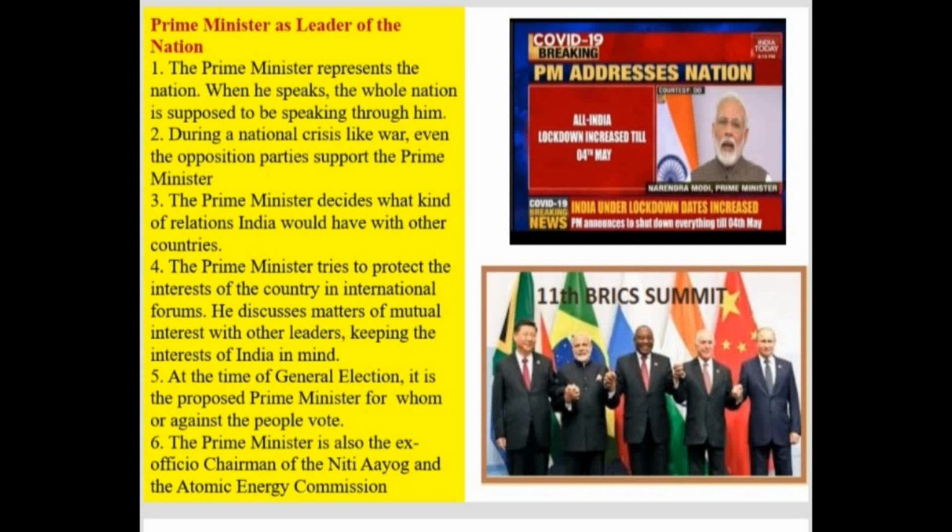In such international forums, the Prime Minister will try to protect the interest of the country. At the cost of the country, he will not take any compromising decisions in such forums. Even though we have friendly relations with other countries and are part of a group of countries for our development, the Prime Minister will not sacrifice our interest. He will not compromise with our country's interest. Instead, he will try to elevate the interest of our nation by combining with the other nations.